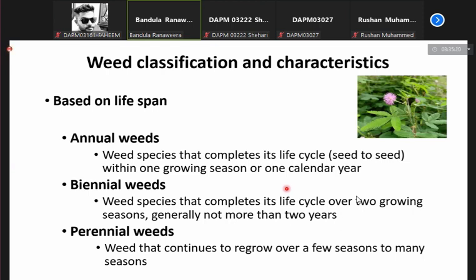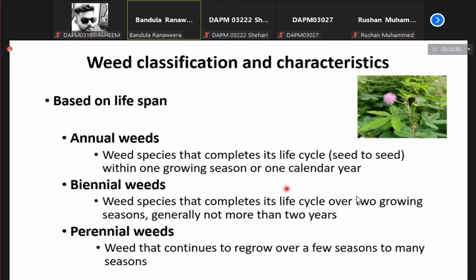So if the life cycle is over 2 growing seasons, and if that period is not extended beyond the 2 years period, we name it as a biennial weed.